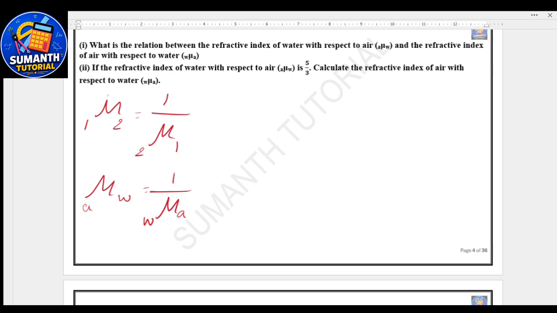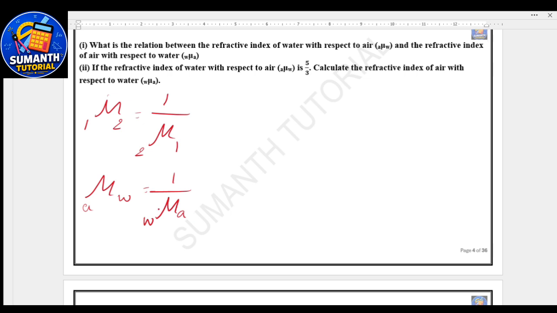Now go to the second question. If the refractive index of water with respect to air is 5 by 3, calculate the refractive index of air with respect to water. Here also we use the same method.